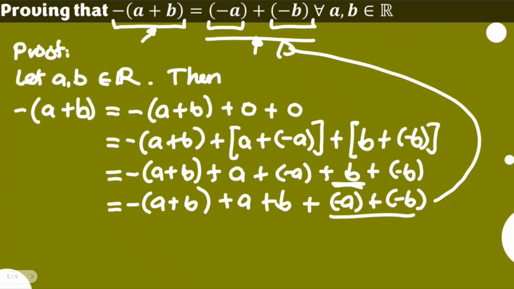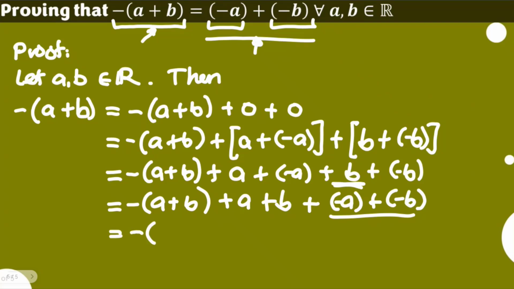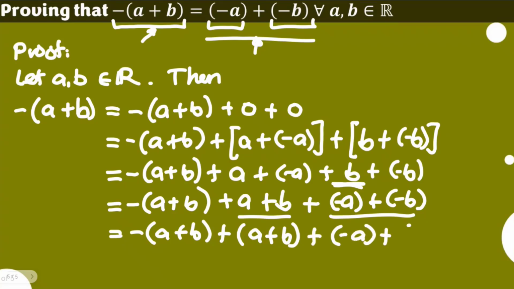It's okay to interchange them because we have the commutative property of addition. And with that, let me regroup a and b. So I'm grouping these two, plus a plus b, because there would be an additional property that will be introduced later on, and this is still the sum of negative a and negative b.